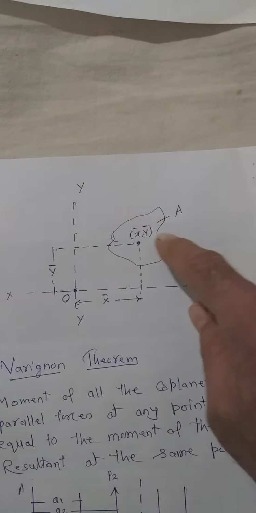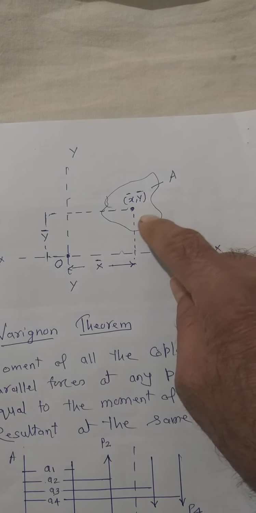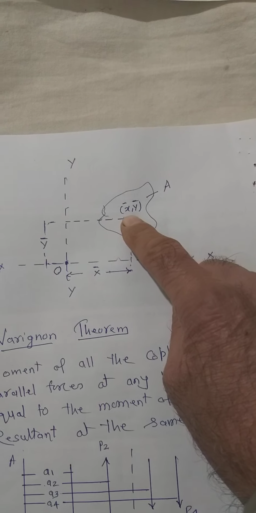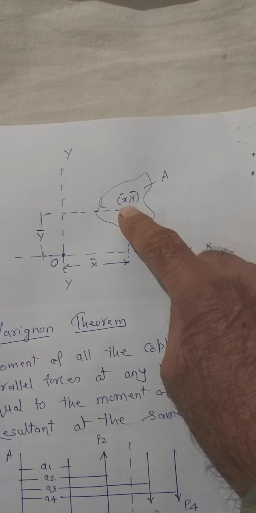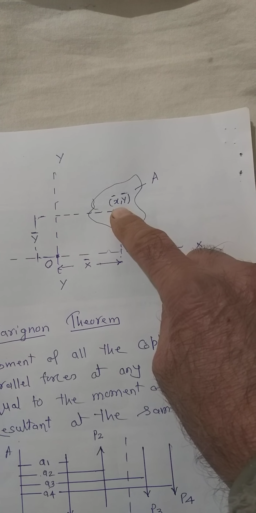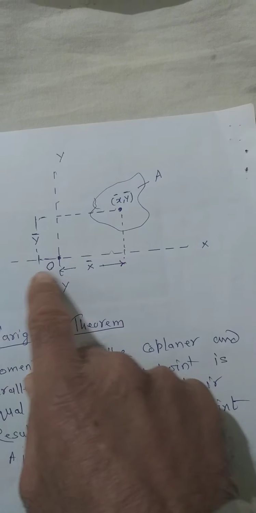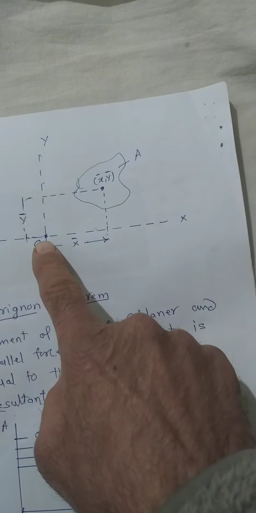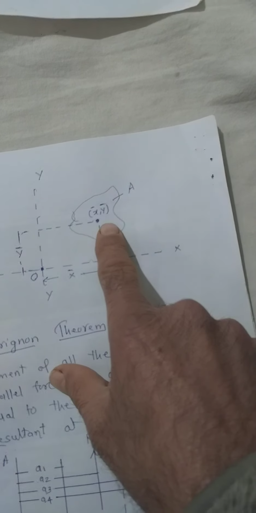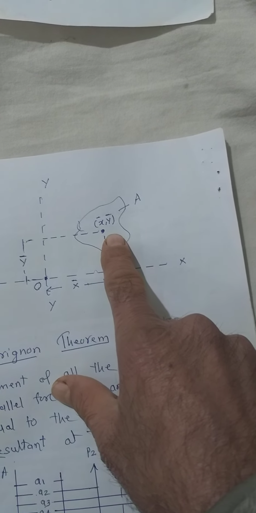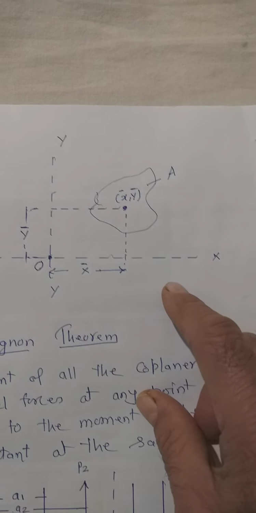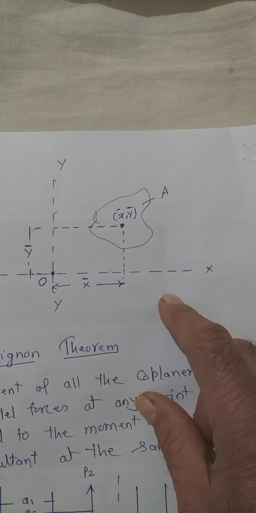Now, suppose this is the area and this is the point where the whole area is supposed to act, that is centroid, that is center of gravity. Then how to find it out? Have an x-axis and a y-axis, and this is the origin. Find the coordinates of this x and y, which we can call the point of center of gravity, generally denoted by x bar and y bar.